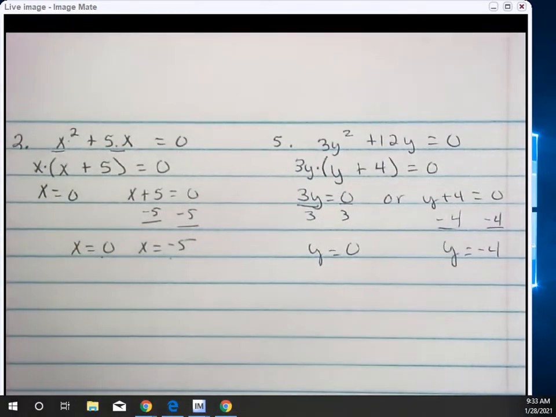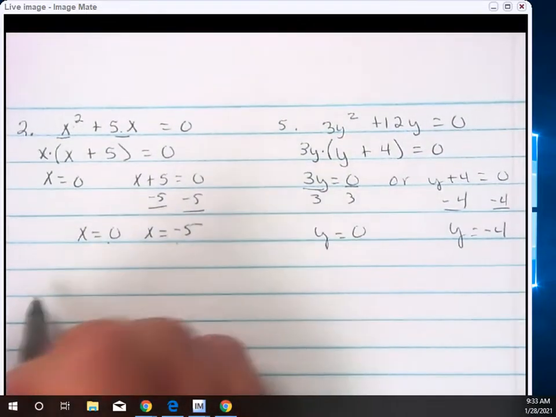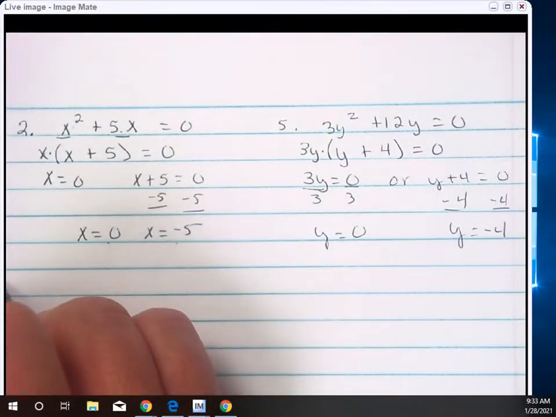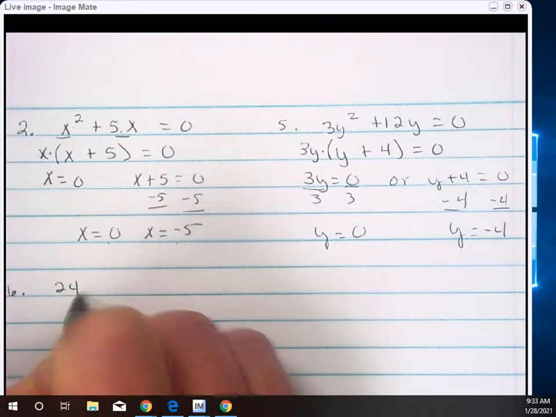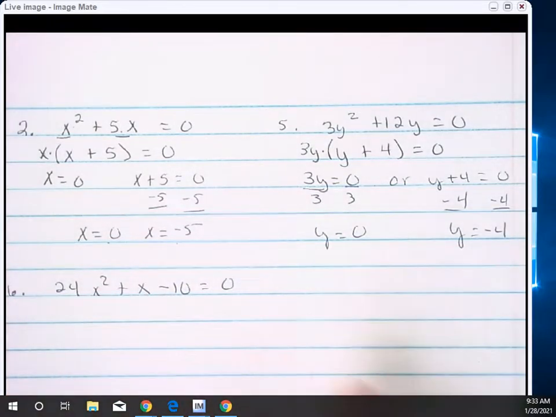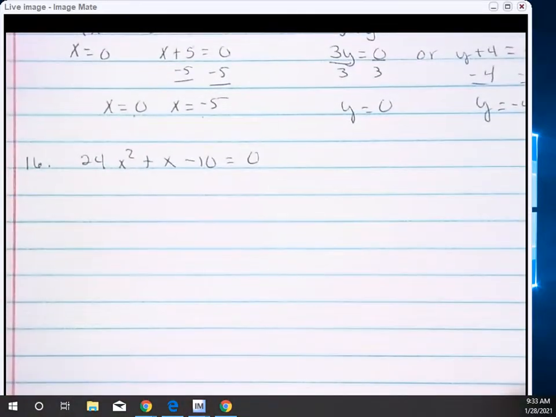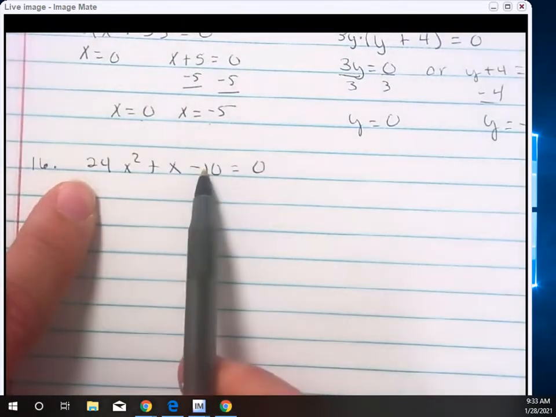Okay, so we are going to move on then to what if we have a trinomial? In a trinomial, we're going to remember those factoring techniques from chapter 3. So the first thing I am going to do is look at my factors, 24 times 10.